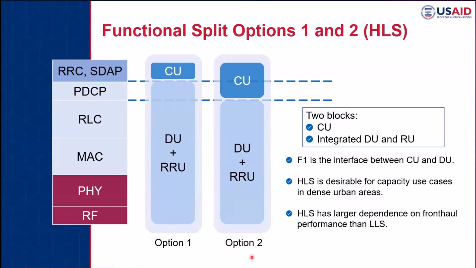You can also have option two, where the RRC, SDAP, and PDCP are located in the centralized unit. So this is an example of a high layer split.